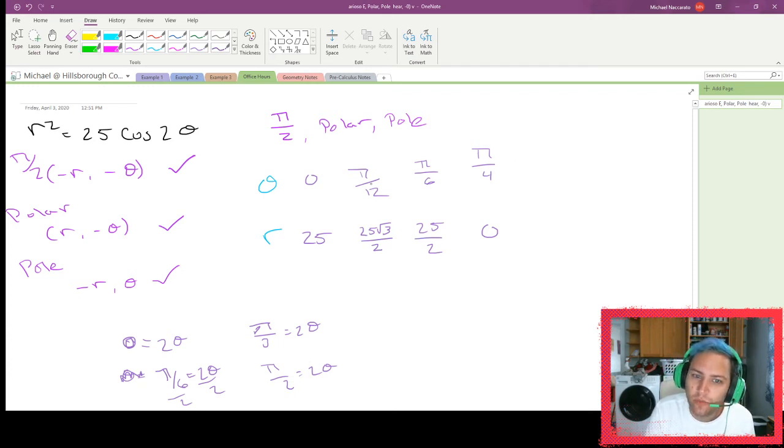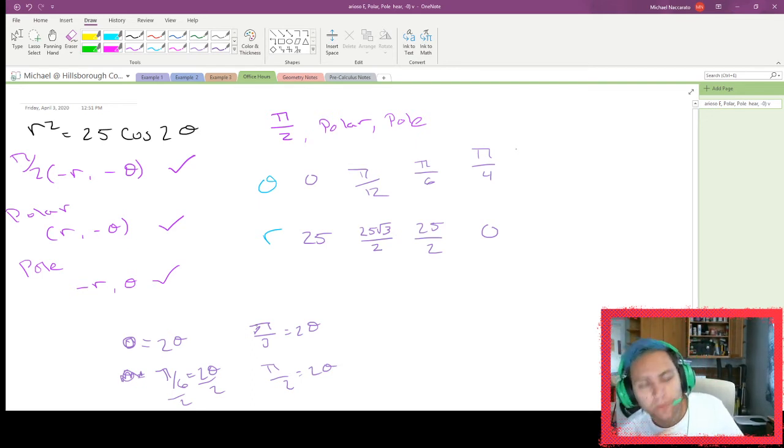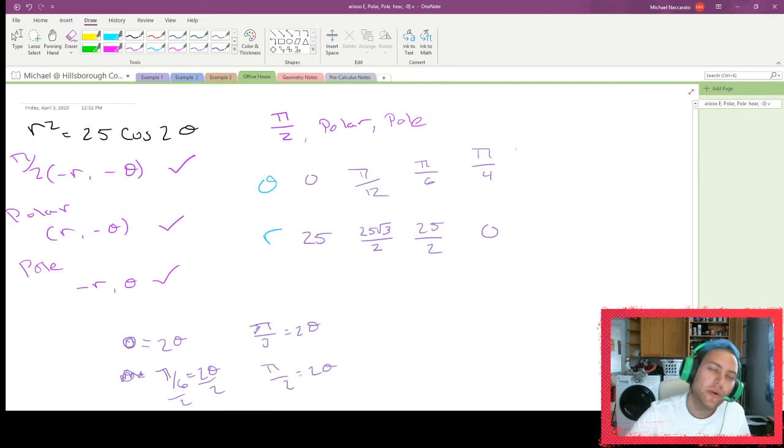Next, I would probably want to just keep going then into quadrant 2. I know I said we weren't doing quadrant 2, but because that 2 theta took everything and kind of compressed it, look at this, we know pi over 4 is halfway into quadrant 1, right?